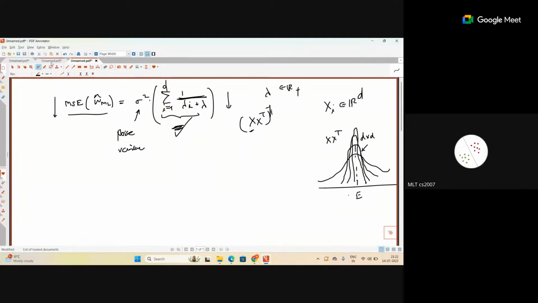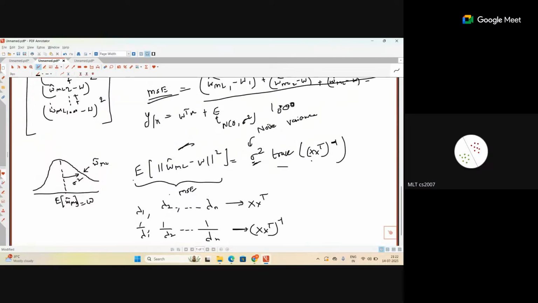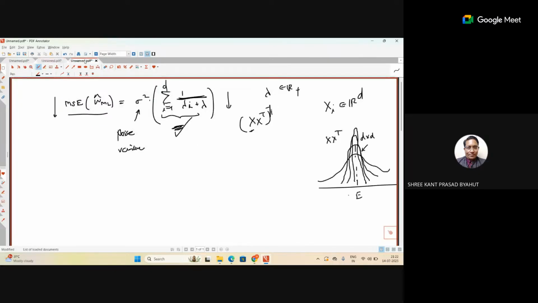Also, I told you that when I treat W hat ML as unbiased, this MSE is actually the variance, the expectation of the error. Yes, it is a variance. Till this part is fine. Okay, so that means I need to somehow add that lambda here, right?